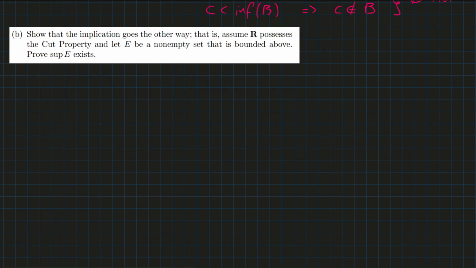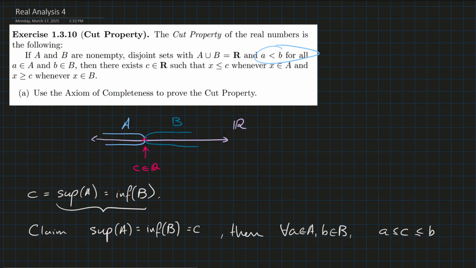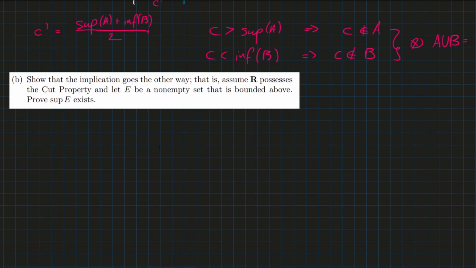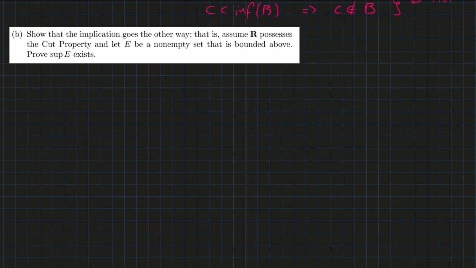We're going to prove the other direction as well to show that this is an equivalent formulation of the axiom of completeness, or the equivalent characterization, or how should I say it, equivalent logically to the axiom of completeness. So we show that we can assume the cut property and prove the axiom of completeness.